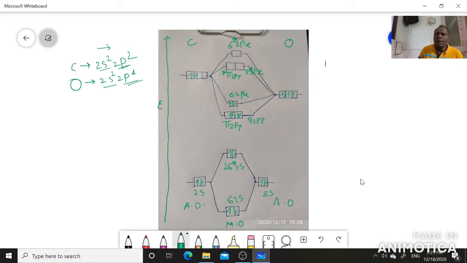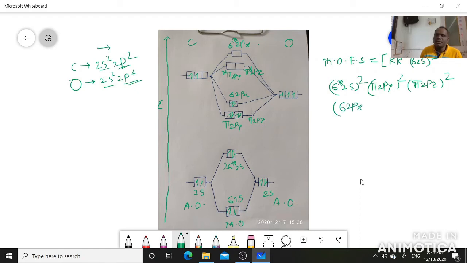The molecular orbital electronic configuration for the carbon monoxide molecule will be K sigma 2s2, sigma star 2s2 in the next energy level, then pi 2py2, pi 2pz2, and sigma 2px2.